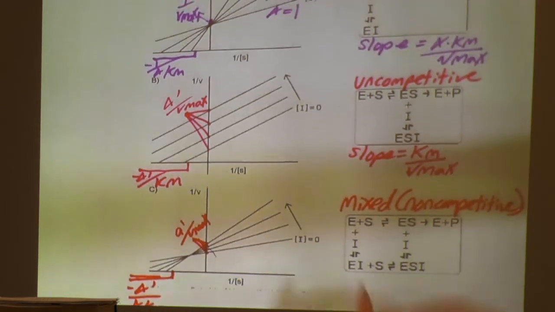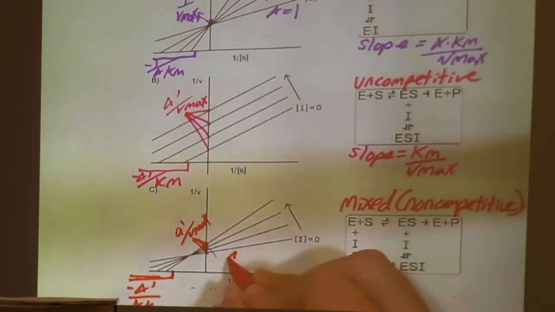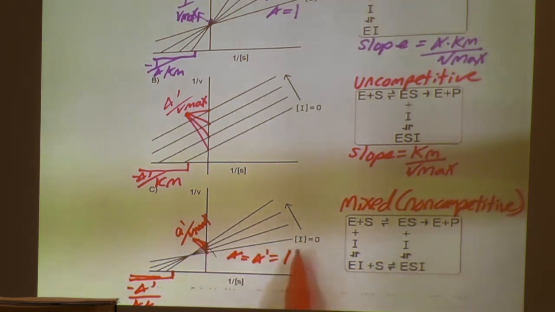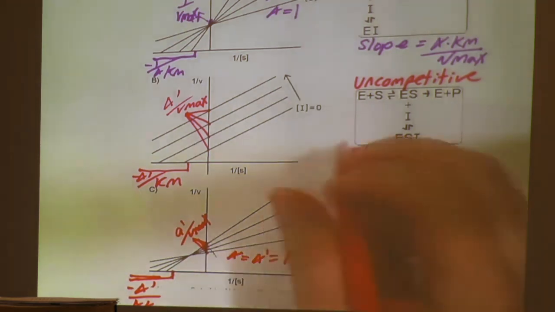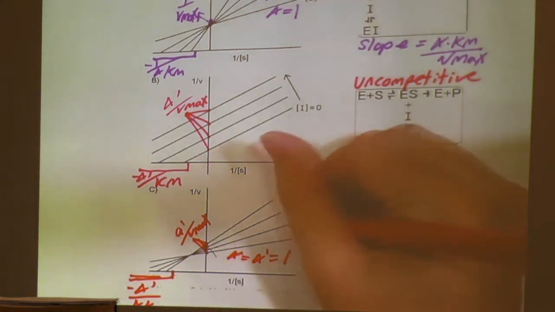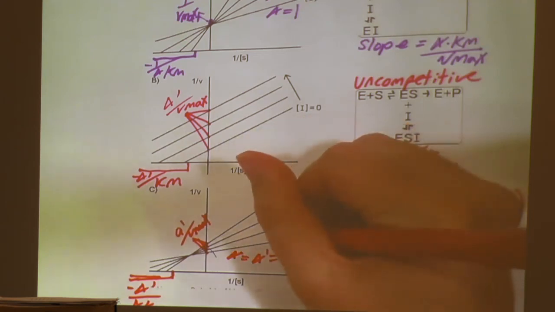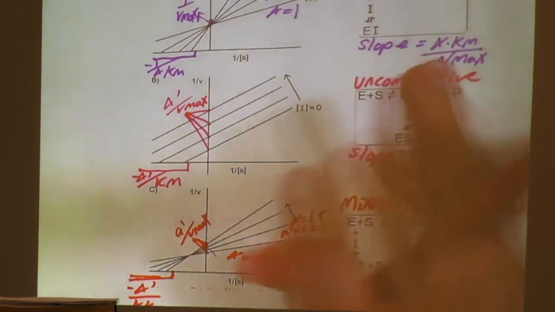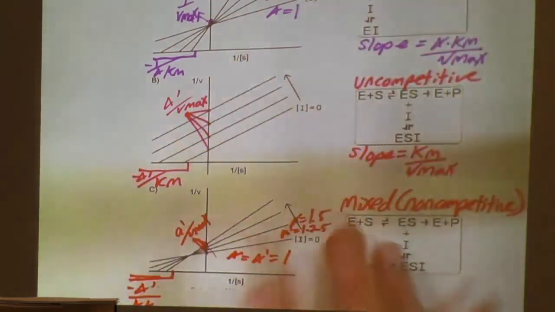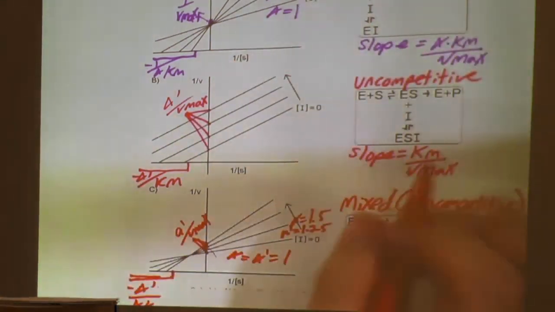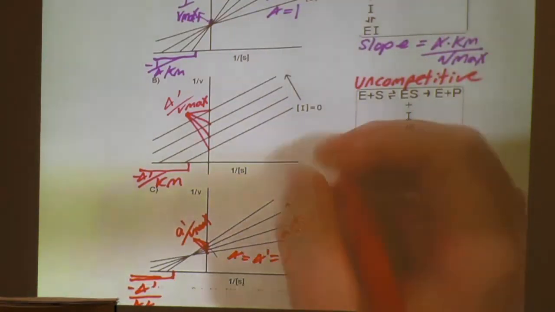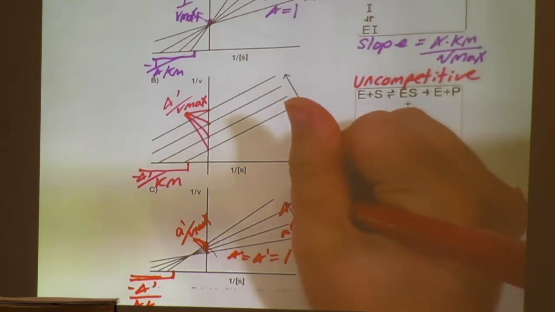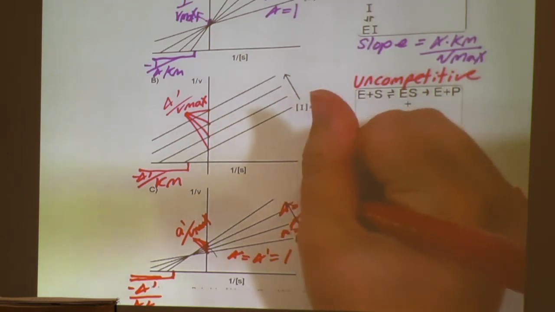So, for this line, alpha equals alpha prime, which is 1. That's without any inhibitor. For this one, you can say that alpha is equal to 1.5 and alpha prime is equal to 1.25. These are pretty much arbitrary numbers, but you just have to know that they are different. Okay? And then we have alpha is equal to 2, and alpha prime would be equal to 1.5.